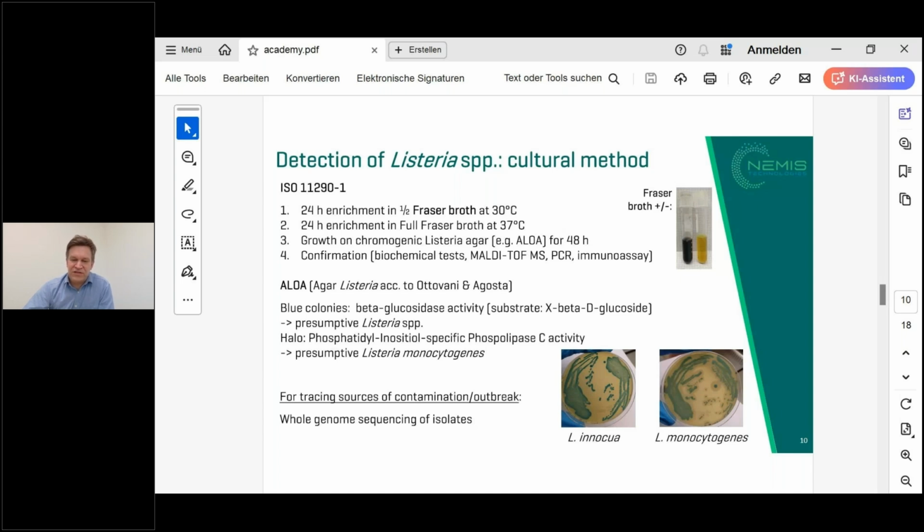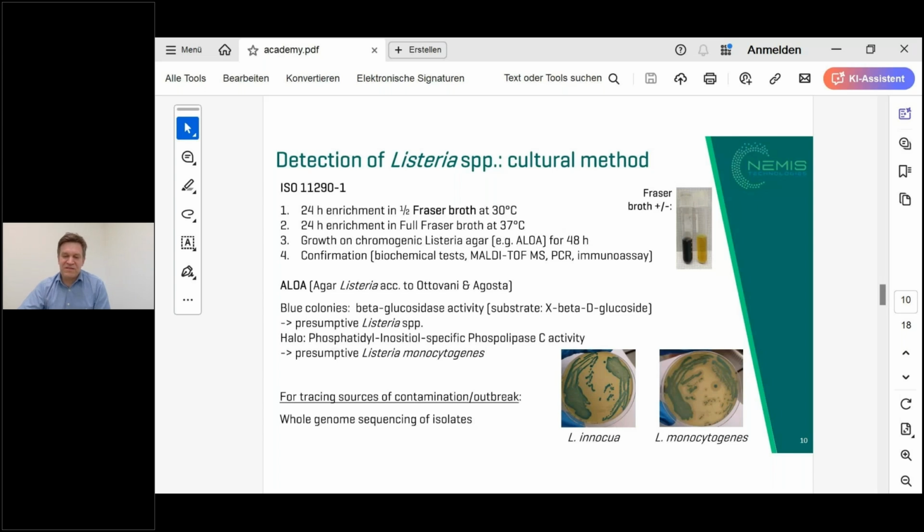And only if, in addition to this blue-green color, there's a halo around it, then it's L. mono, because this halo is indicative of phosphatidylinositol-specific phospholipase C. That's a pathogenicity factor of L. mono, and only L. mono and a few other organisms show this activity. However, once you see such colors, it's only a presumptive identification, and you need to do a confirmation on colonies with PCR or something else.